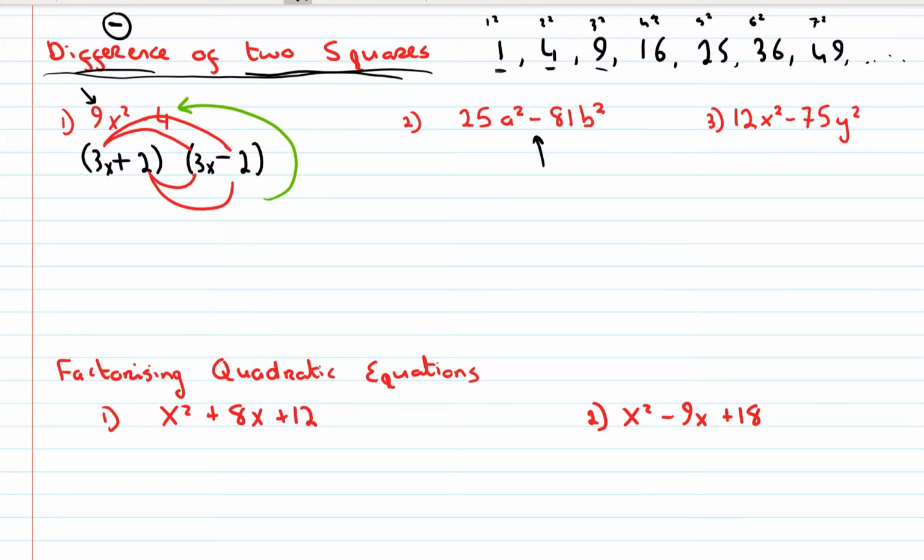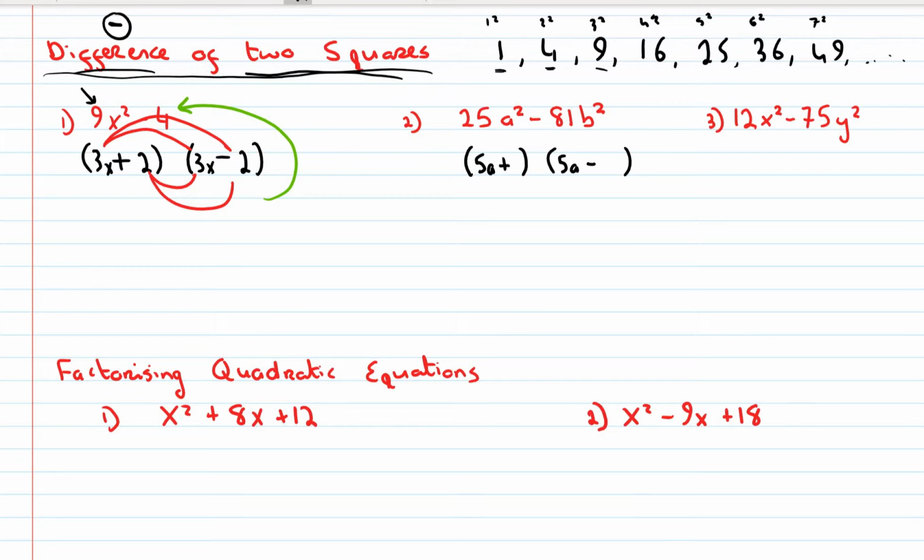Do I have a minus? Yes. Do I have two square numbers? 25, 81. Yes, I do. So, two brackets. 5a plus, minus.